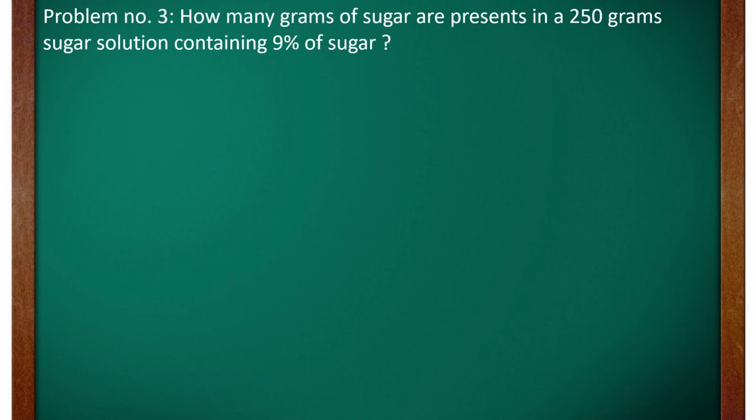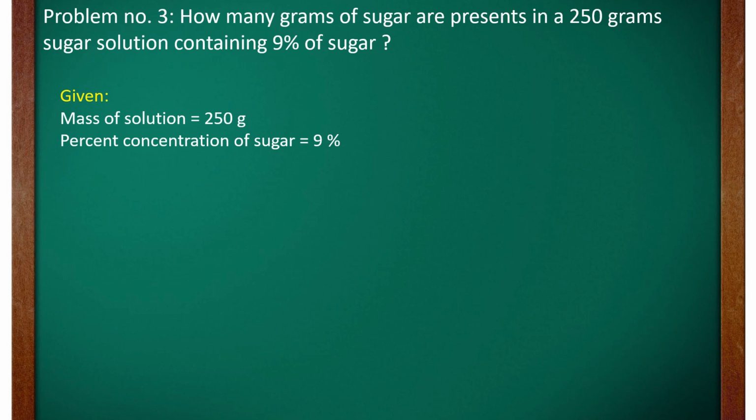Problem number 3. How many grams of sugar are present in 250 grams of sugar solution containing 9% of sugar? Let's have the given. Mass of solution equals 250 grams and the percent concentration is 9%.